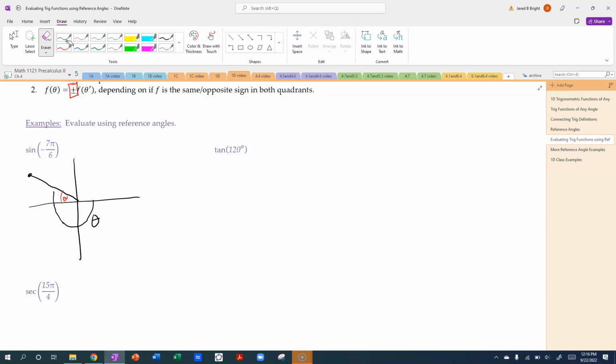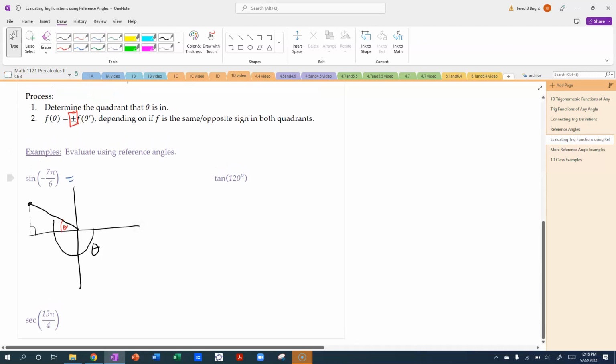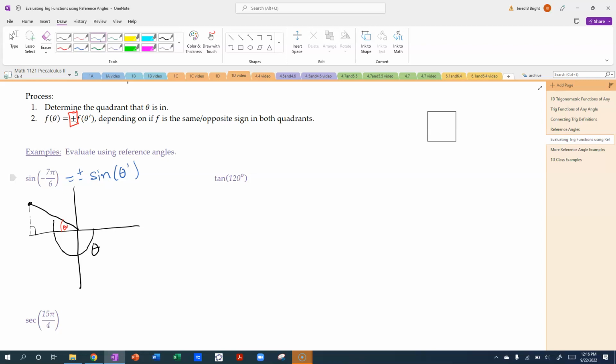Now, if I wanted to evaluate this, I could see a little triangle here. According to the above property, sine of whatever this is going to be equal to sine of theta prime, I just need to include the appropriate plus or minus. So this is going to be sine of the reference angle, which you can calculate.